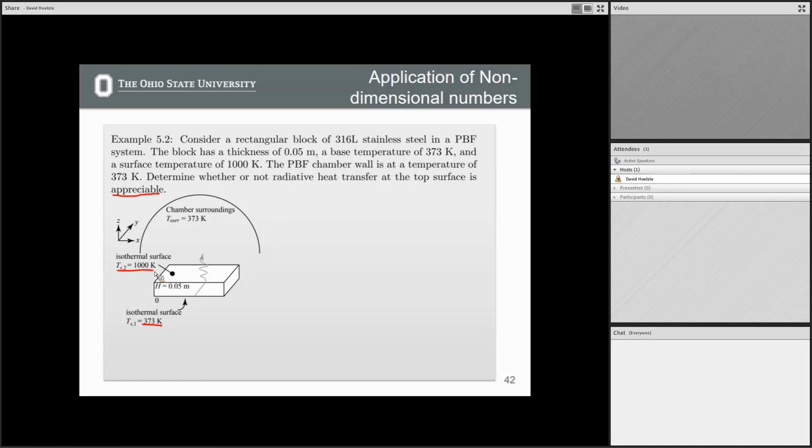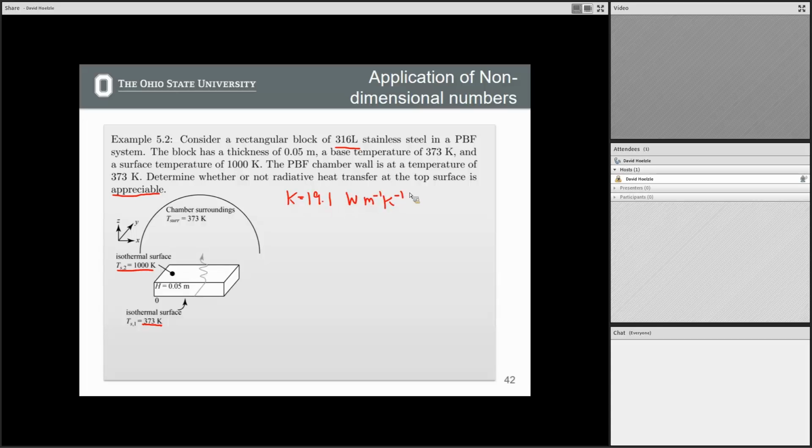Okay. So working through this problem here, we've used 316L stainless steel a lot, so I'm not going to go through where these numbers are coming from because we've seen them in previous examples, but you've probably almost memorized what the conductivity of 316L stainless steel is. 19.1 watts meters inverse Kelvin inverse.